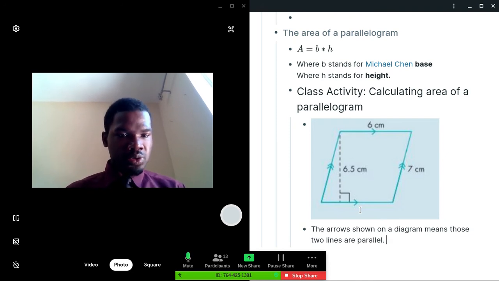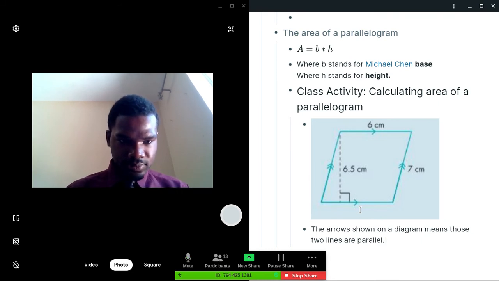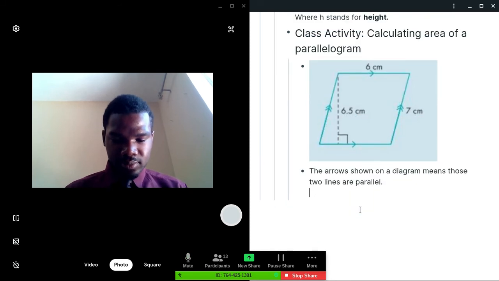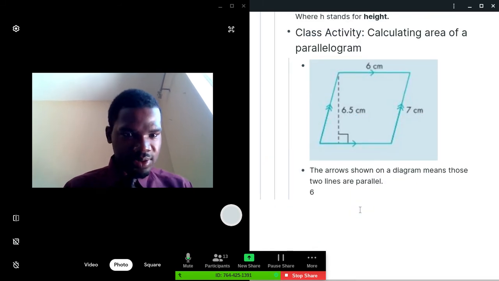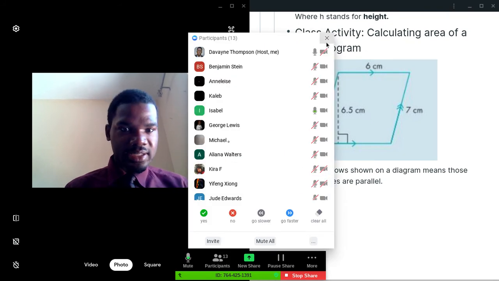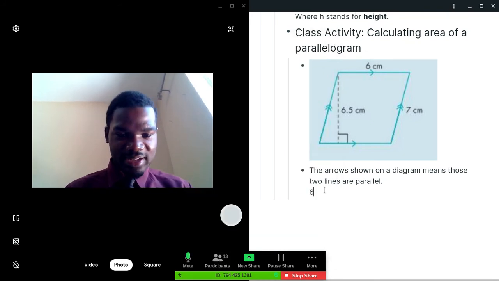Do you see any line with only one arrow? What does it measure? Kira? 6 centimeters, right. That means two sides measure 6 centimeters.